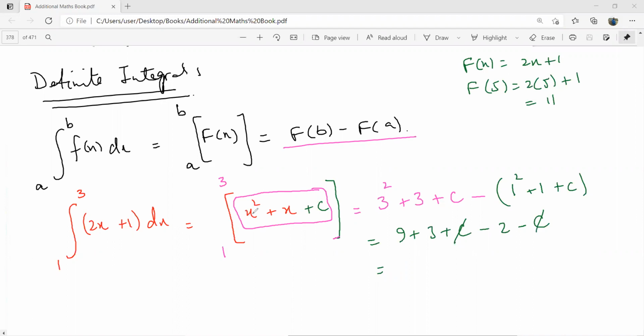Therefore, when you're applying the limits here, the terms which have x in it are very important. But if you have any constant, that will be cancelled out. So that is why we don't need to write this plus c when you have to apply the limits. But writing this plus c is equally important when you don't have to apply the limits. So please remember this.